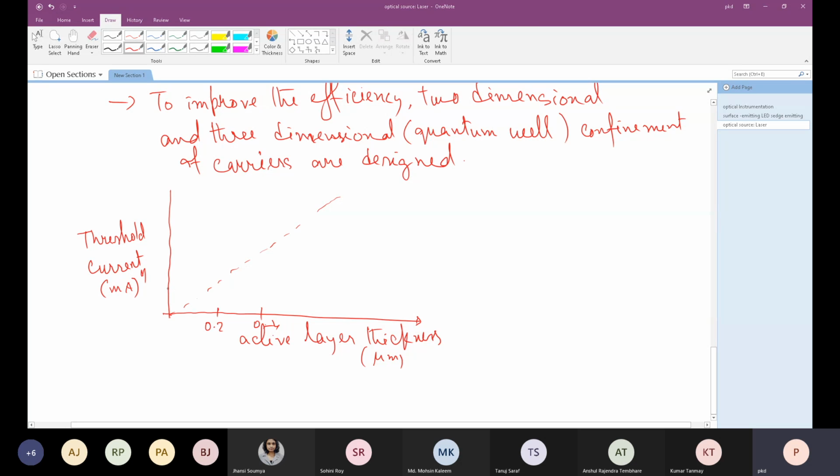Threshold current is in milliampere. So this is, say, for double heterostructure carrier confinement, and this could be a simple structure.